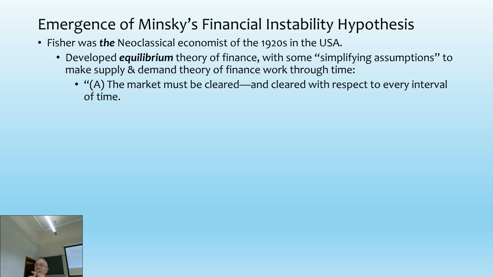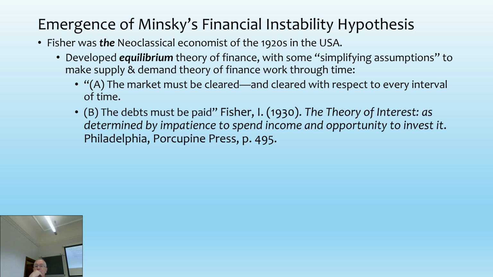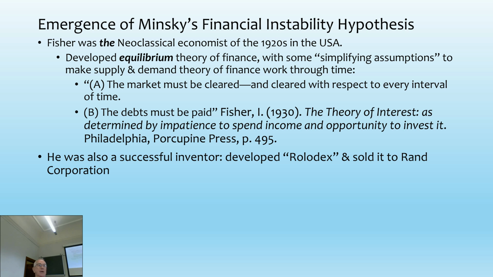To make it work in finance is really hard, because you've got to say that its markets are cleared through time. And secondly, when you buy something, you have a physical transfer of money for a physical transfer of goods. In this case, you're promising to pay in the future. What if you don't fulfill your promise? So he made the assumption that all markets are cleared with respect to every interval of time, and debts must be repaid, which is a great assumption to make, as long as you don't apply it in the real world.